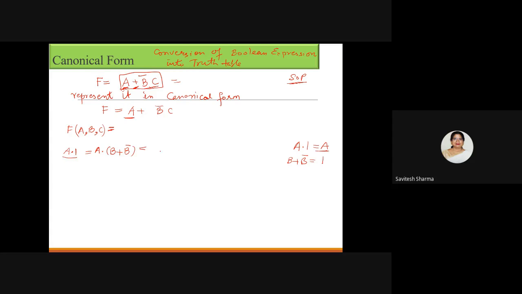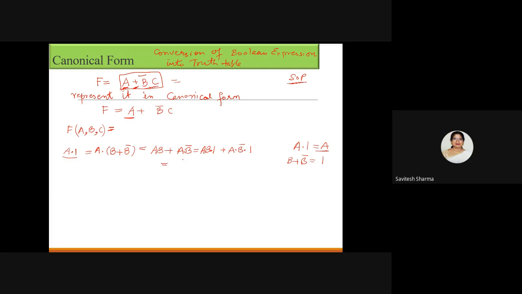I expanded A dot 1 as A dot B plus A dot B bar. So your A is now equivalent to AB plus AB bar. Again, I will identify any variable missing. Yes, in these two terms, C is missing. So again I will assume AB dot 1 plus A B bar dot 1. Same thing I did here to introduce C.